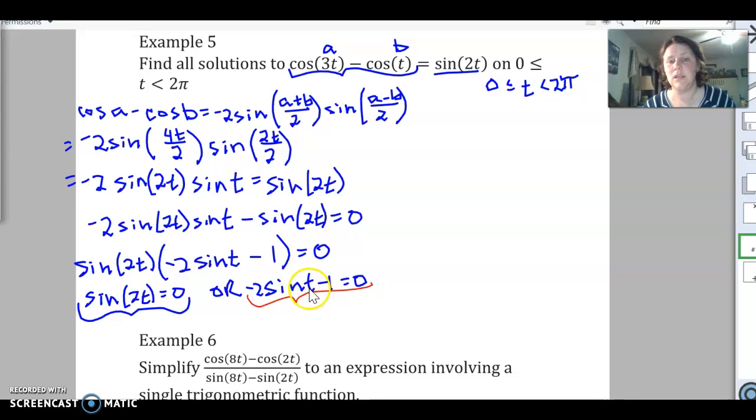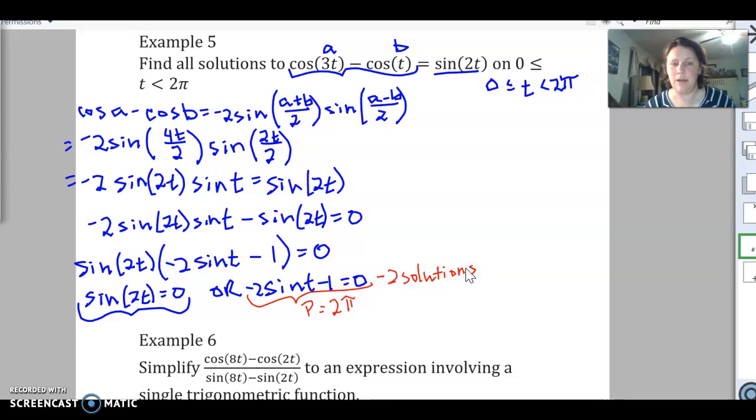So the full period is 2 pi. Our answer wants all solutions between 0 and 2 pi, so that's only one period of that sine function. One period is one time around the unit circle, so that's going to give us 2 solutions.